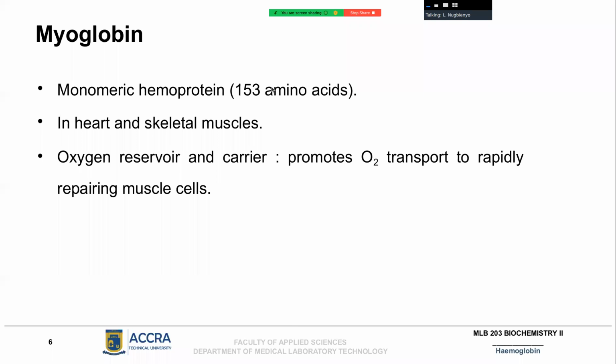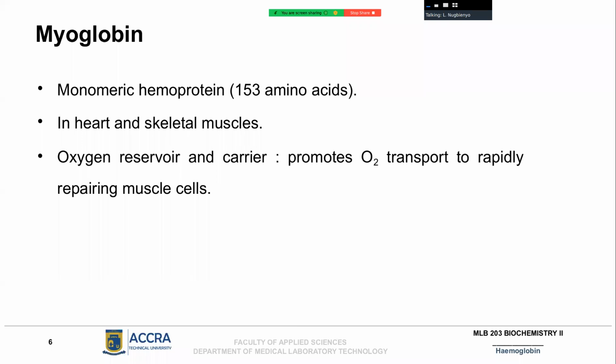So that's the difference. The function of hemoglobin is for the transfer of oxygen from the lungs to the tissues and carbon dioxide from the tissues to the lungs.